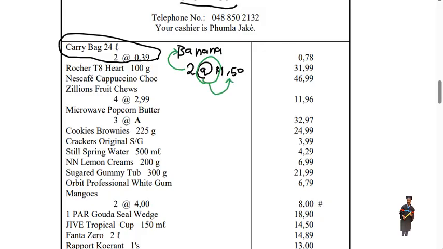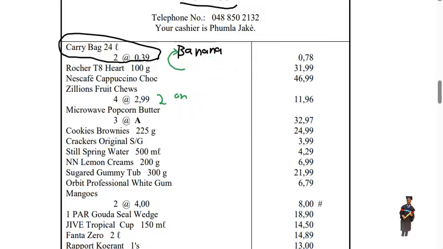It means they are buying 2 bananas, each costing 1 rand 50. Okay, 2 bananas, each costs 1 rand 50. All right, so let's continue.